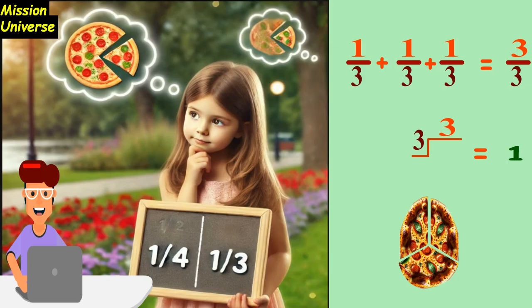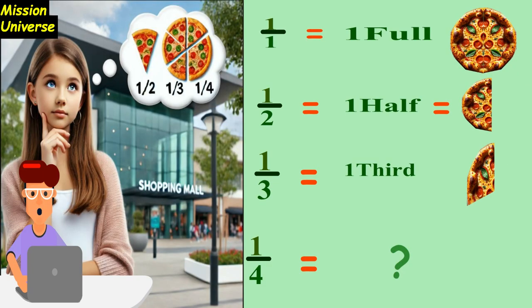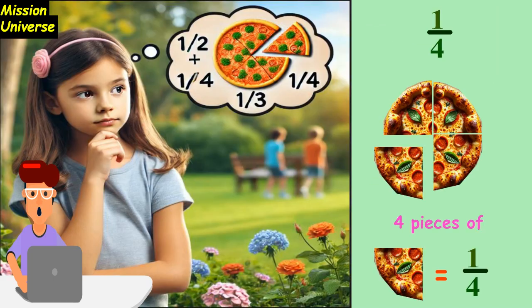Let's understand this more clearly. 1/1 is equal to full, 1/2 is 1 piece of half, 1/3 is 1/3 piece, 1/4 means 1/4 piece of pizza. How? Let's learn 1/4.